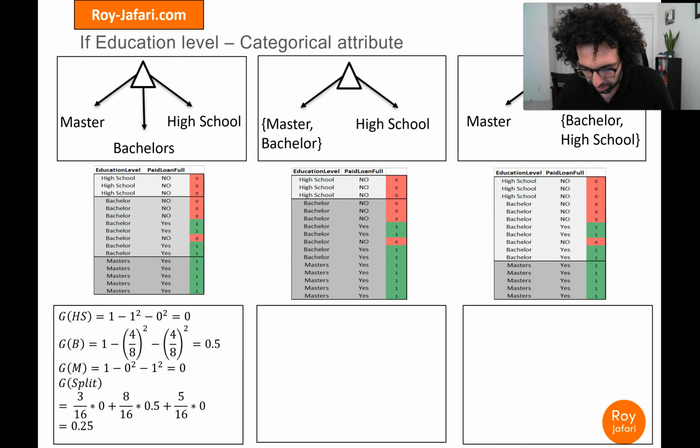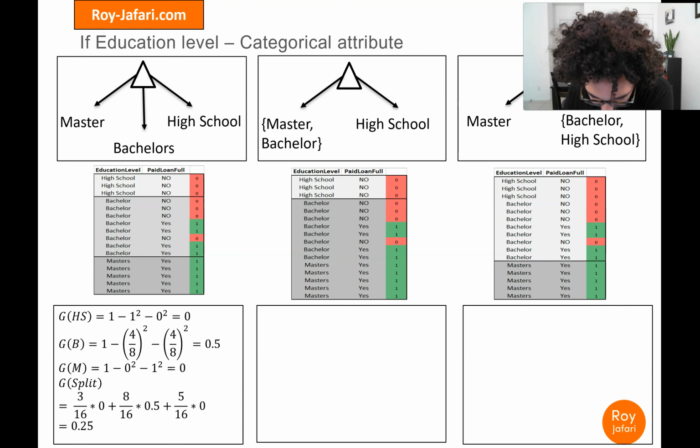So, for example, here we've calculated the impurity of this separation. If we were to do this separation, here is how it would look. Here we lead to three subsets of the data, and we calculate the impurity for all of them, right?